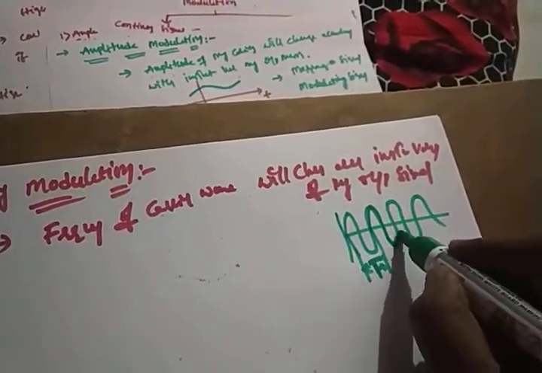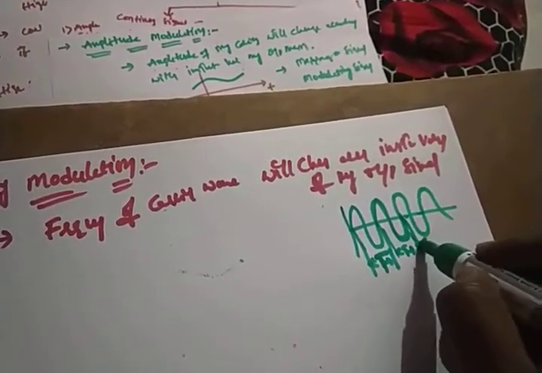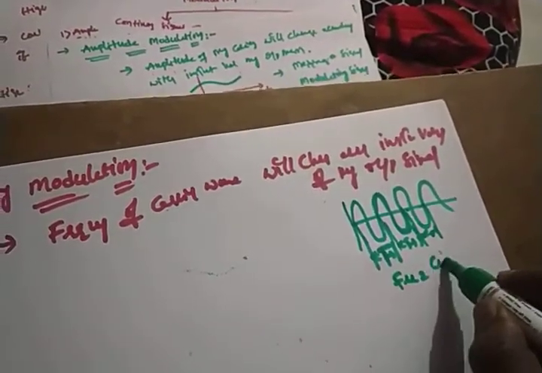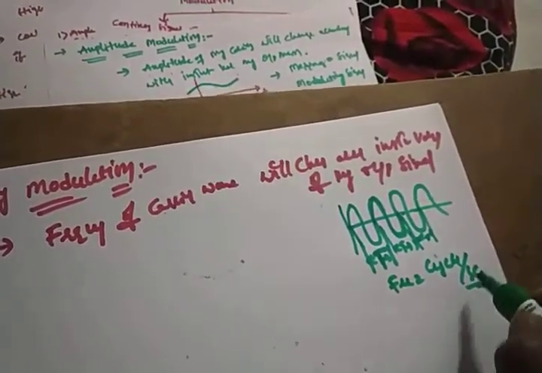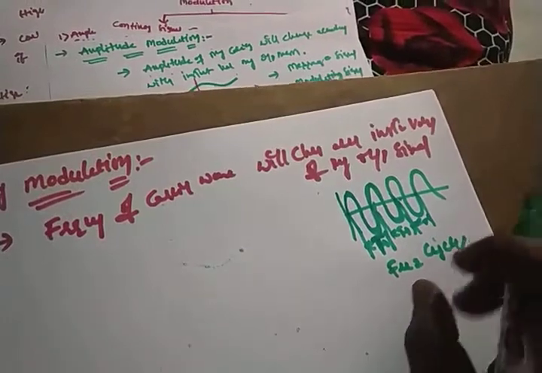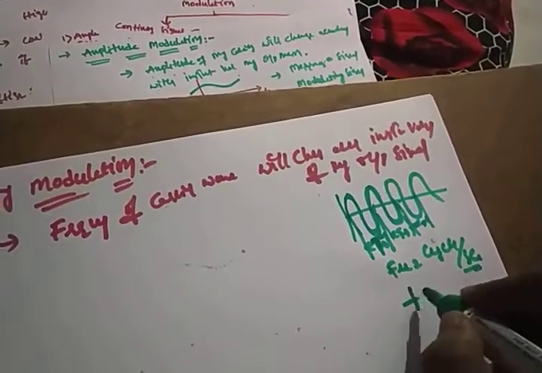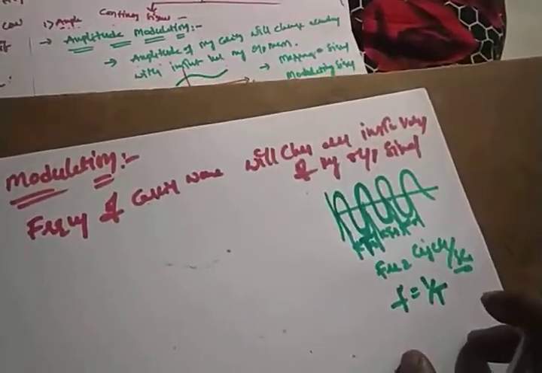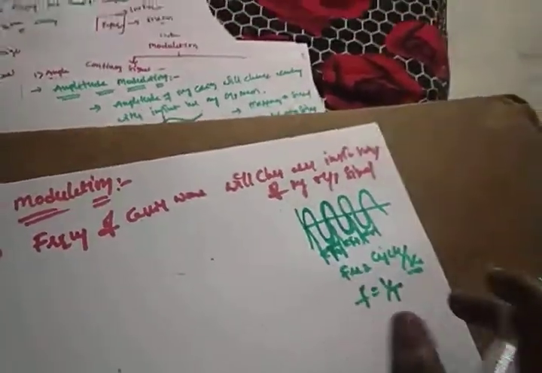So this is another cycle, called another time period. This is another cycle, another time period. So what is meant by frequency? Cycles per second. This is one cycle for T seconds. So in 1 second, how many cycles? That represents the frequency. So frequency is equal to 1 by T. If you know the time period, it is easier to find the frequency of a signal. Right?